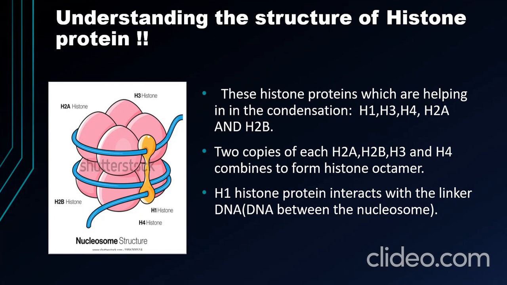Two copies each of H2A, H2B, H3 and H4 form a histone octamer to which the DNA binds. And then there is the H1 histone protein that interacts with the linker DNA. What is linker DNA? DNA between the nucleosomes. So this entire structure where the DNA is wrapped around the octamer is known as a nucleosome, and the DNA between two such nucleosomes is known as the linker DNA.